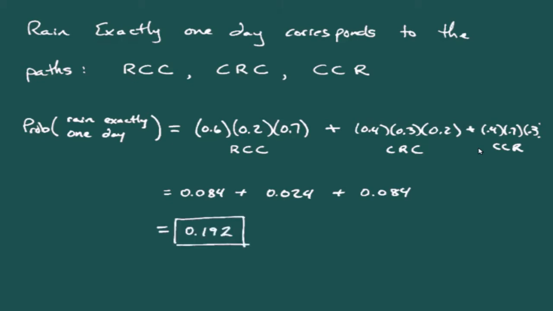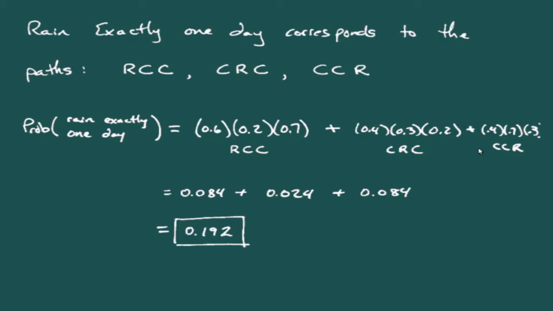Adding those together gives us a probability that it will rain exactly one day of the Monday, Tuesday, Wednesday will be 0.192. So just shy of a 20% chance that we will have rain for exactly one day during those 3 days.